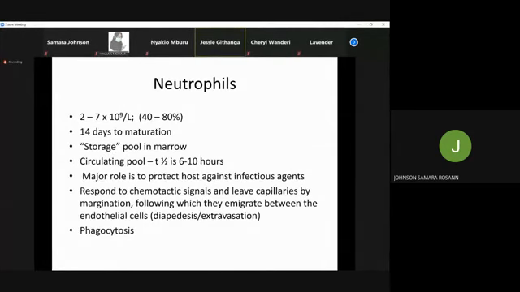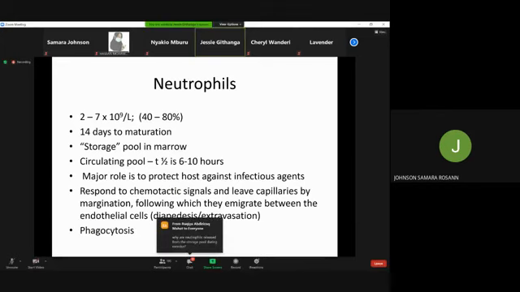Now, the major role of neutrophils is to deal with infectious agents, and it's especially bacteria, all right? They leave the capillaries by margination in between the endothelial cells.